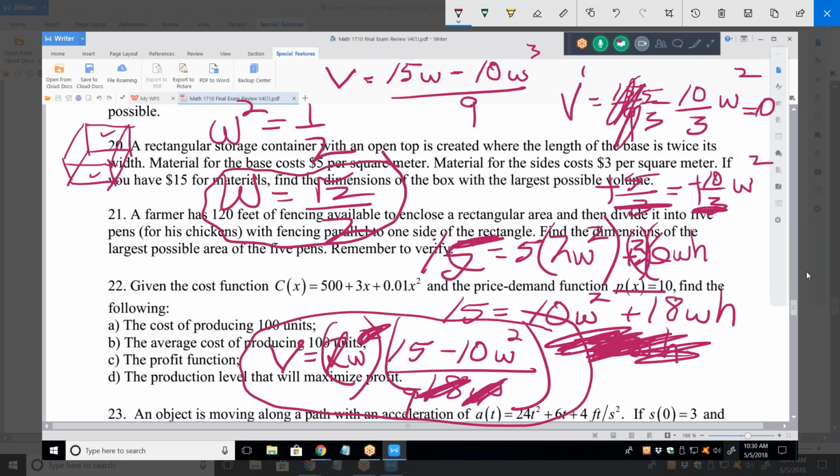Check and see if that's correct. It says the root of 0.5. Oh, really? Yeah, I got a w squared of 0.5.